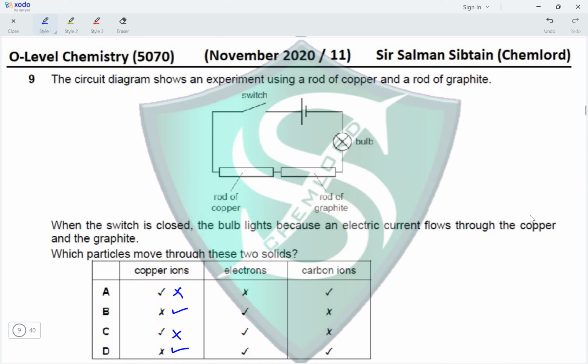B and D are the correct options that we will continue with moving onwards. Electrons flow. Yes, electrons flow through the metals when electricity is conducted. And carbon ions, again, only flow of electrons is possible, not flow of ions. So this makes option B the correct option for this question.